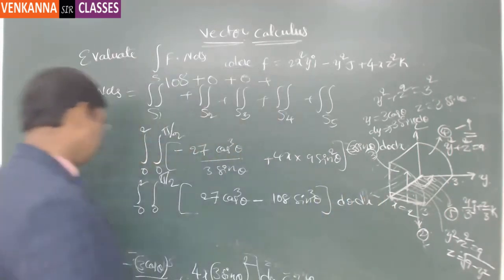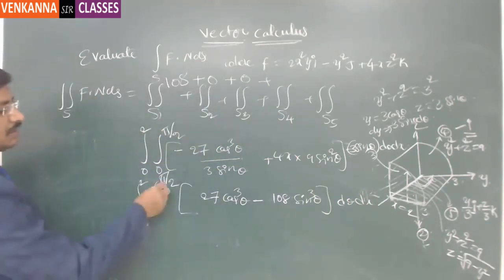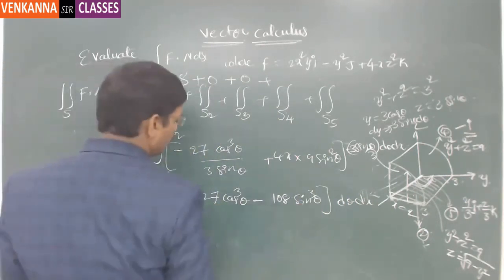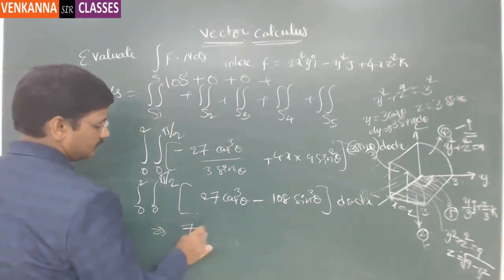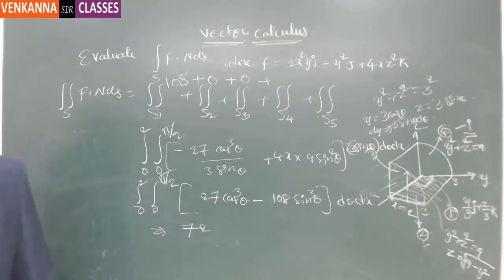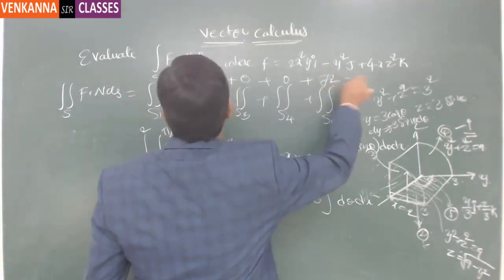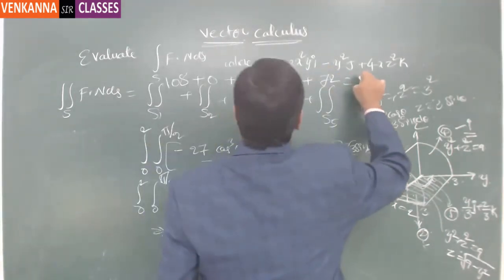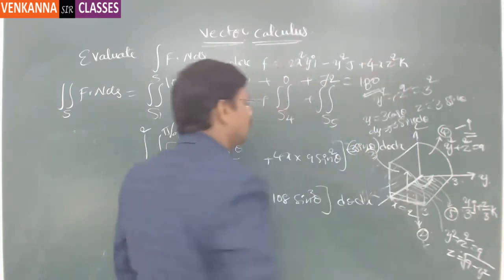Got it? So this is how you will get it. So this integral you need to apply. The cos rule you can apply here, and the sin rule you can apply here, and then finally what you are going to get is, I think, 72. Yeah, that's correct, right? So this integral is coming out to be 72. In total, this is going to be 108 plus 72, which is 180. This is the final integral value.